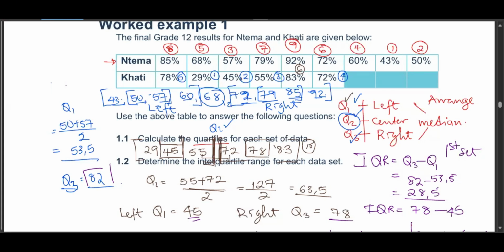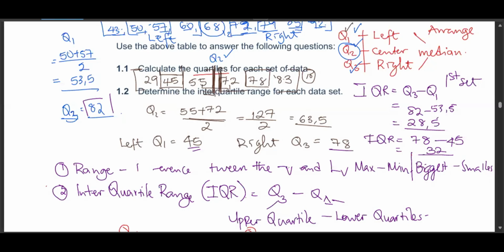So here the answer becomes 33. 78 minus 45, we have the answer here as 33.